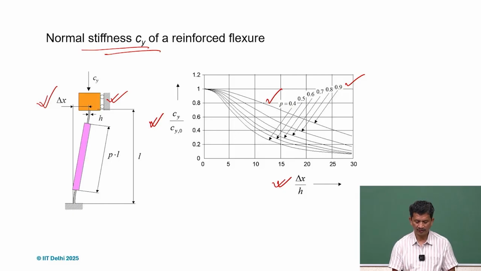And what we can see is, for almost 0.9, this is what we are getting. If it's not reinforced, P equal to 0, it may be lower, but as we increase the reinforcement, the stiffness will be better. And that's the reason we also want to have reinforcement, so that we can get a better stiffness in the bearing directions.